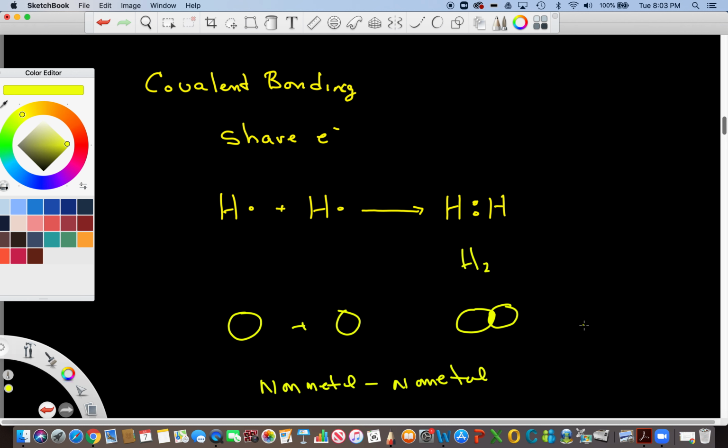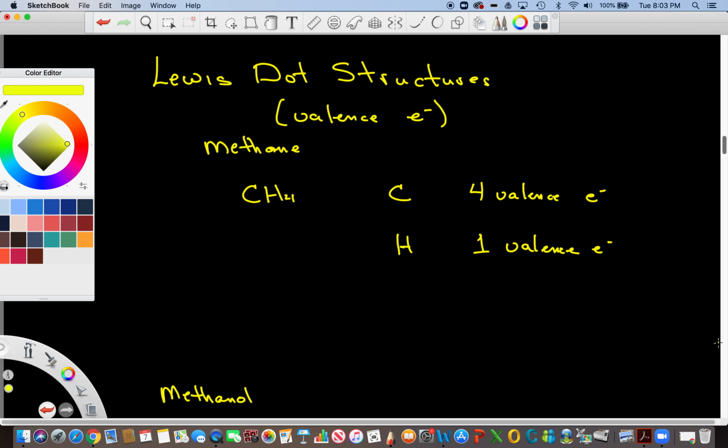So we're going to try to draw Lewis dot structures for this. With Lewis dot structures, we're interested in the valence electrons only. So we have methane, which is CH4. Carbon has 4 valence electrons. So according to Hund's rule, we have to singly occupy each space.